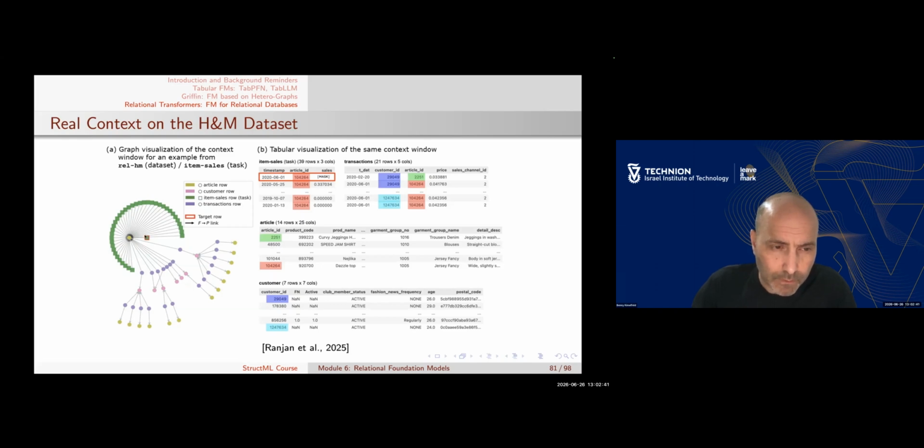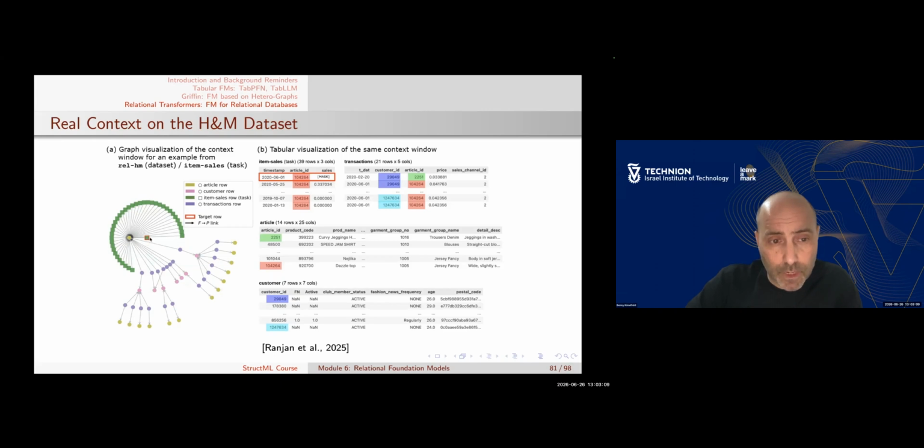It applies to some article, to some item. And this item is also associated with many other task rows that are known by the time of the prediction, because they apply to the past, to older timestamps.